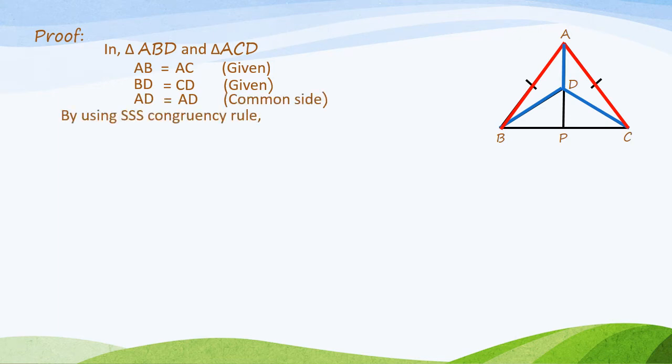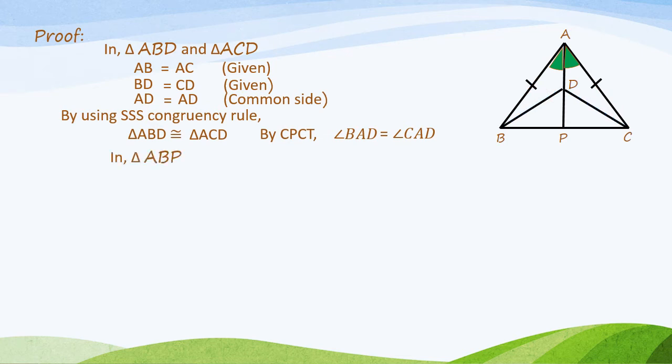So by using the SSS congruency rule, triangle ABD is congruent to triangle ACD. By using CPCT, angle BAD is equal to angle CAD, hence the proof. So first we have proved that triangle ABD is congruent to triangle ACD.